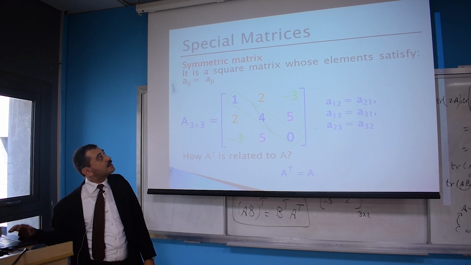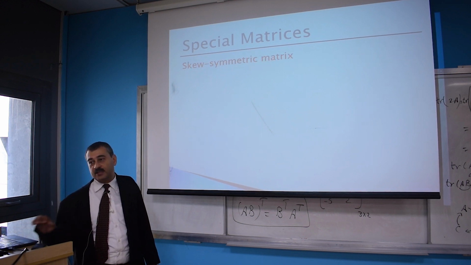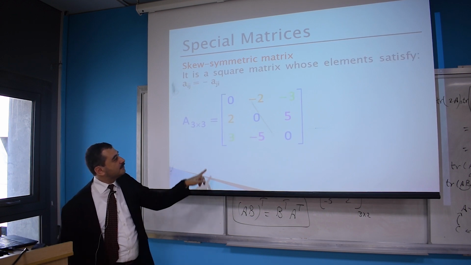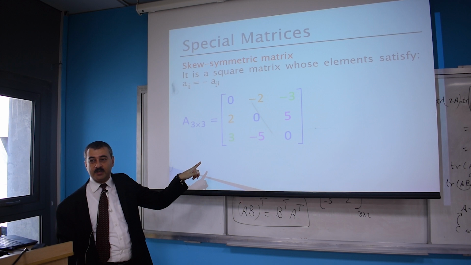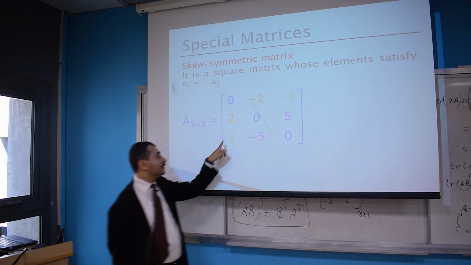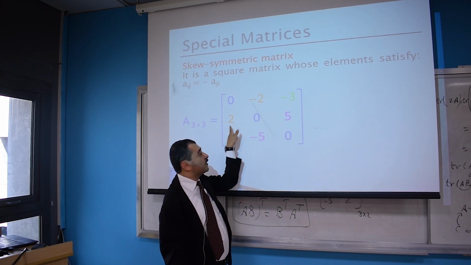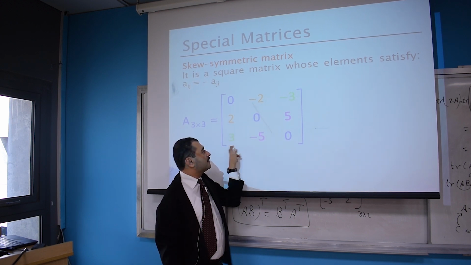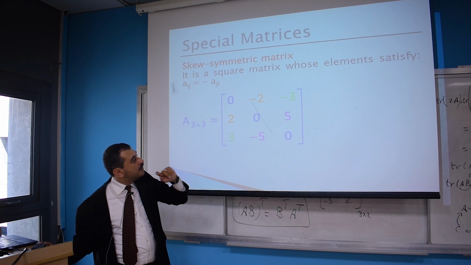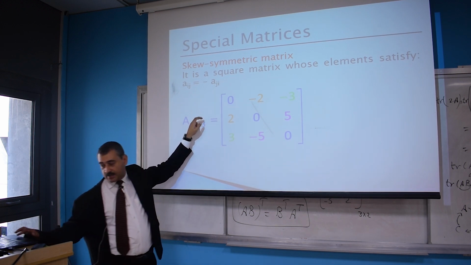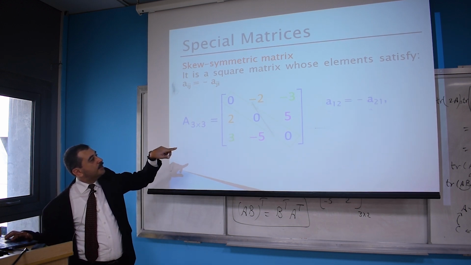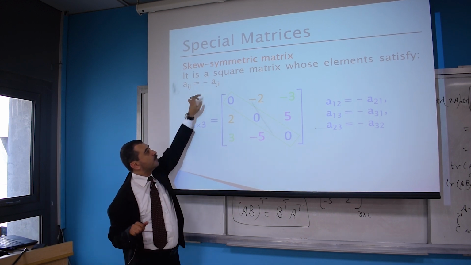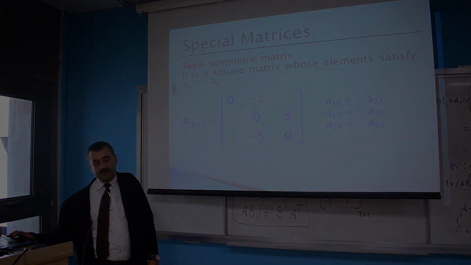The last matrix is called the skew symmetric matrix, like this one. What do you notice about this one? Some symmetry, but with a negative sign. So this guy is the negative of this one, and this guy is the negative of this one. So we write it simply as A12 equals negative A21 and so on, or simply Aij equals negative Aji.